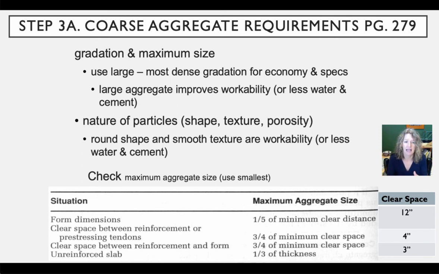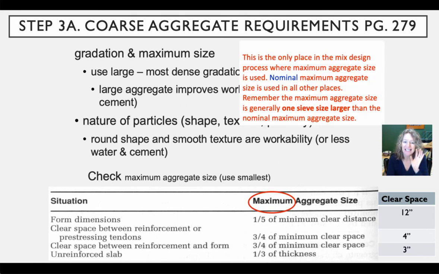And all of that has to be larger than the max aggregate size in your mix. Not the nominal MSA, but the MSA. If you don't remember the difference between the nominal max size and the max size, go back to page 1 of chapter 5. We've already covered this in aggregates, so look up the difference.